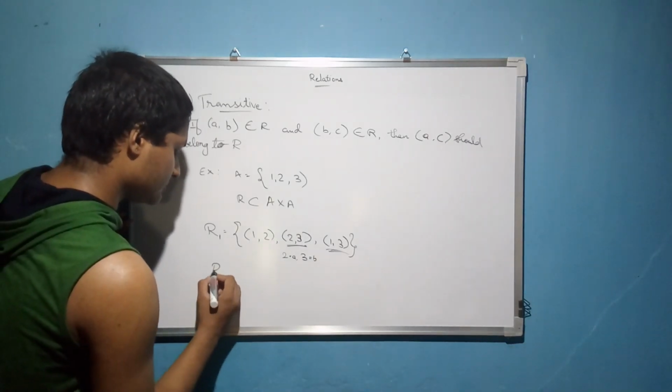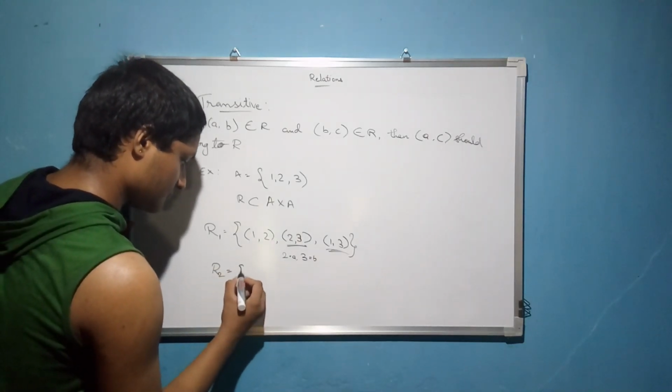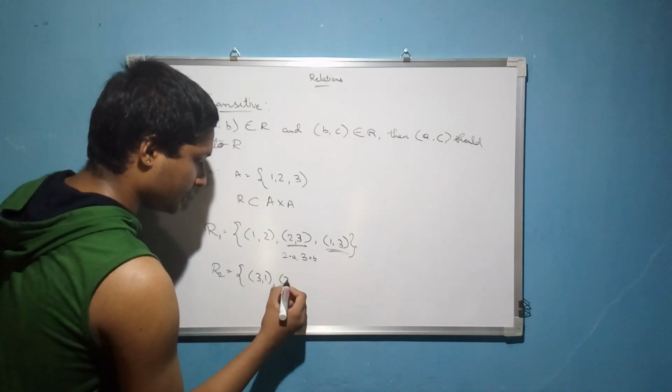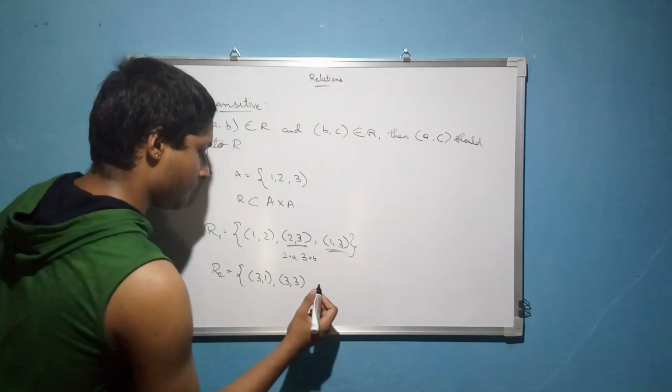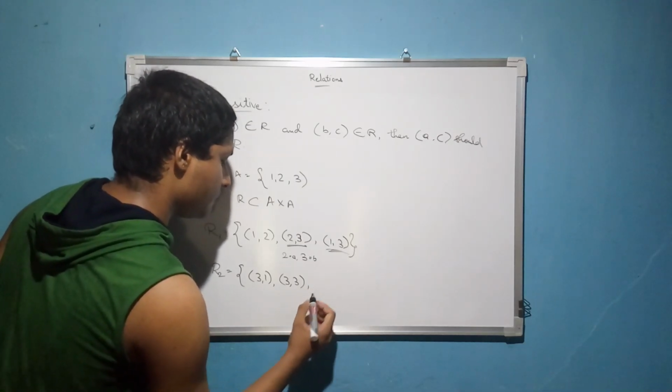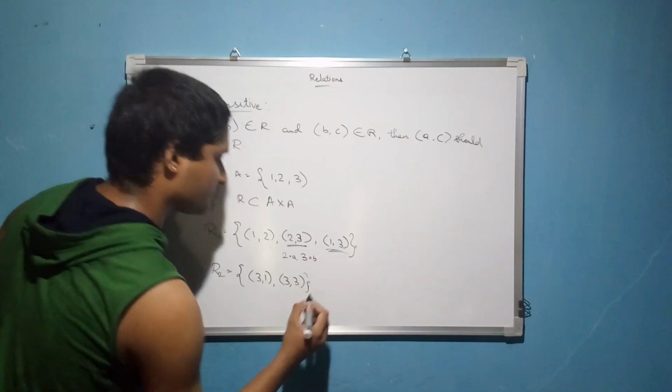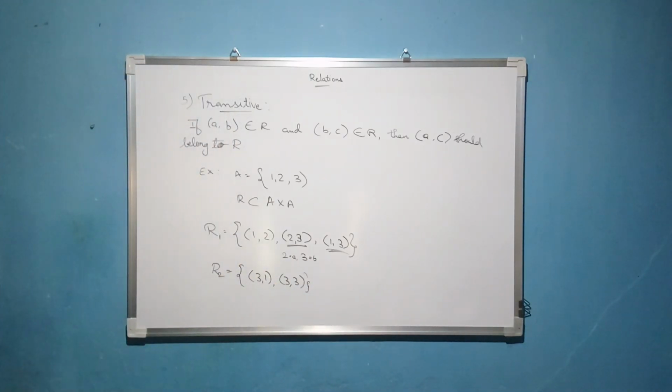Let me take one more relation: (3, 1), (3, 3). This is enough, I think. We'll check whether this is transitive now.